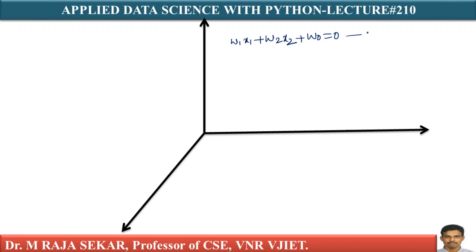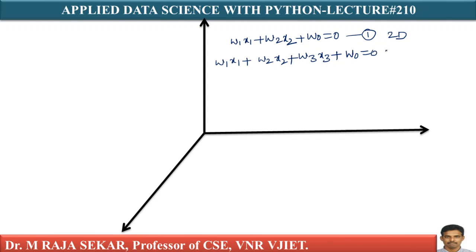Let me say this is my first equation. It is in 2D, that is a line, isn't it? Now, what about this one? w1 x1 plus w2 x2 plus w3 x3 plus w0 equal to 0.